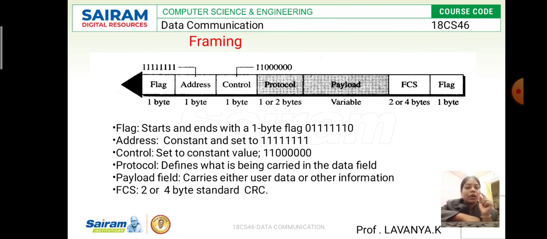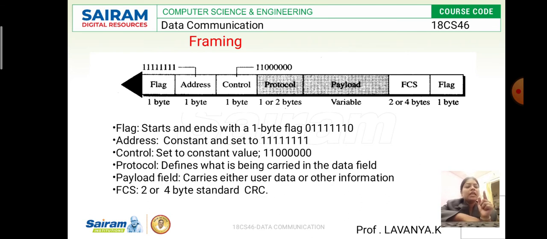Look at the bottom, where I have written that the flags start and end with a 1 byte flag. Whatever data the frame starts with, the same data ends the frame.